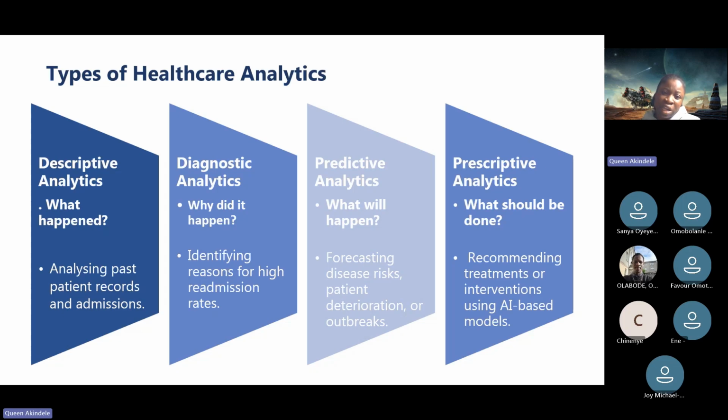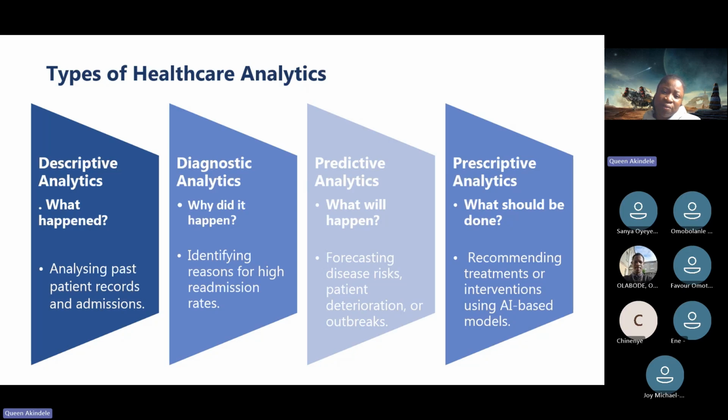You understand? So you want to look at it, okay, could it be that this person has an underlying disease that could be influencing the readmission rates? Could it be that this person has been exposed to something? So the diagnostic analytics is all about why. You're looking for the root cause of an occurrence.